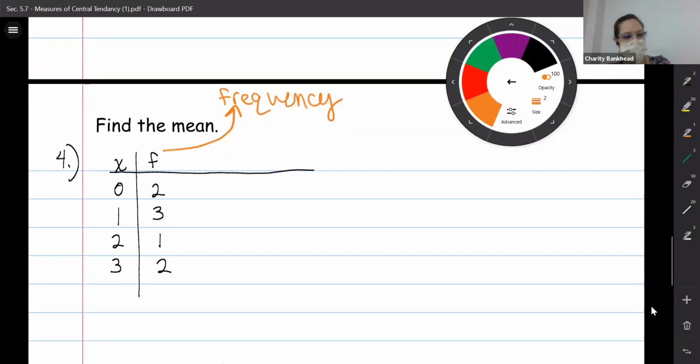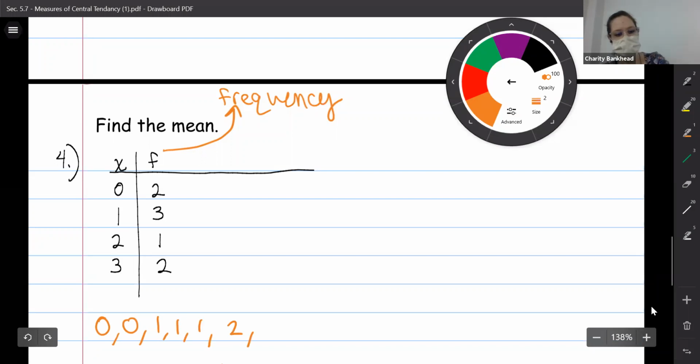What this is saying is that there are 2 zeros, 3 ones, 1 2, and 2 3s. So the list would be 0 0, 1 1 1, 2, 3 3.